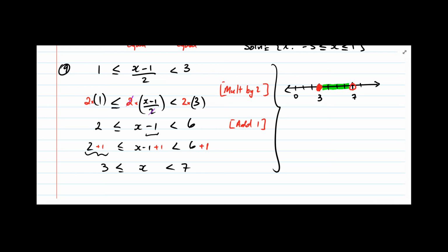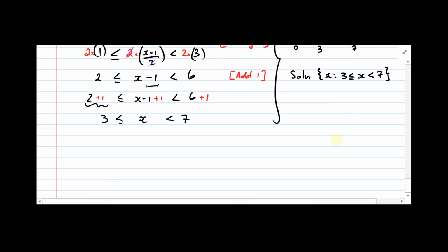My solution set is exactly that: x such that 3 is less than or equal to x is less than 7. Again, remember when you have this, it is really just an "and" statement, but it is sometimes a bit more convenient for us to look at things in this manner.